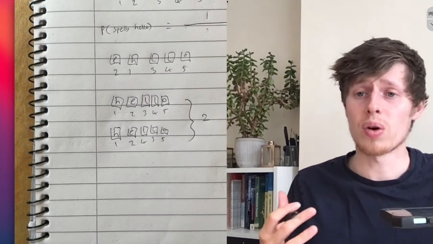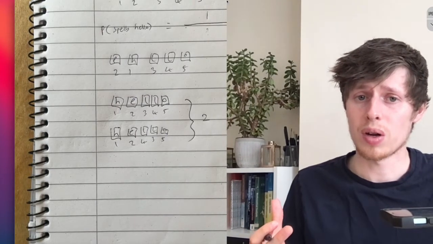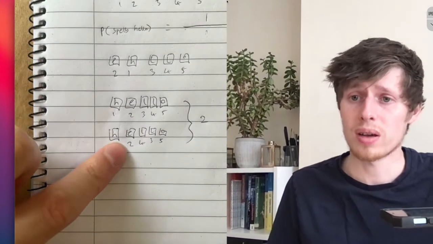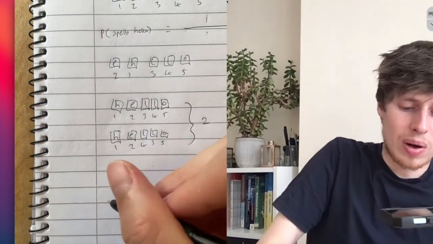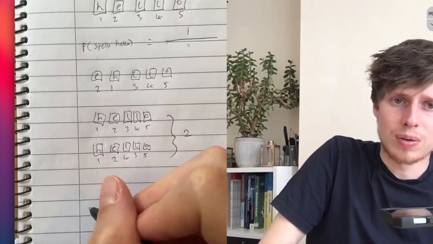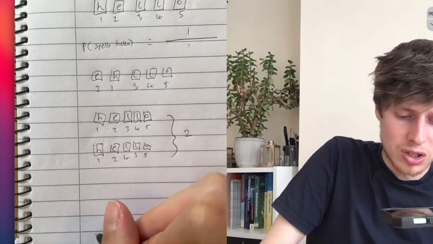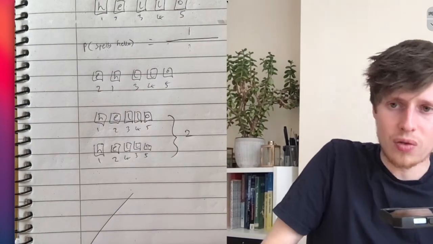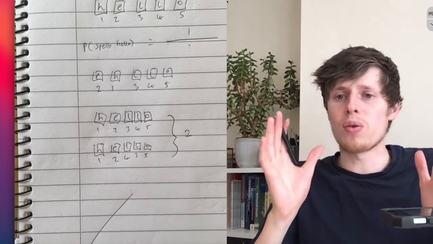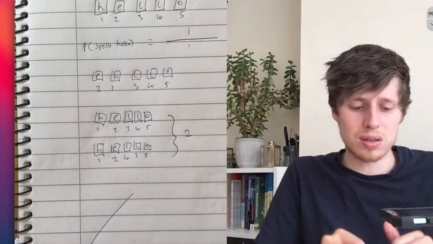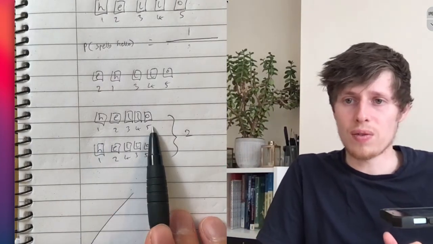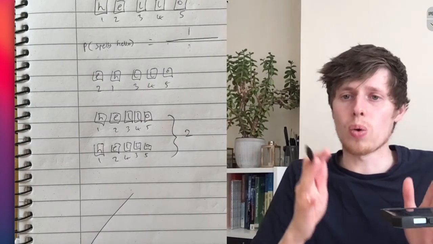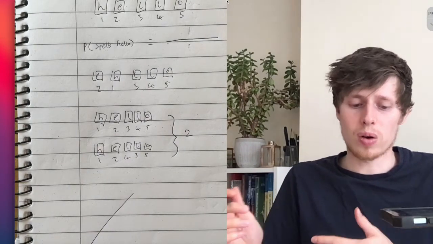Okay, but we don't want to count too many, right? We don't want to count one word twice. Anyway, let's look at this now. So how many ways are there of ordering? Well, we can imagine in front of us we have all of the orderings of these numbers 1 to 5, written on the surface of the blocks, all the orderings that we can make using those 5 blocks.